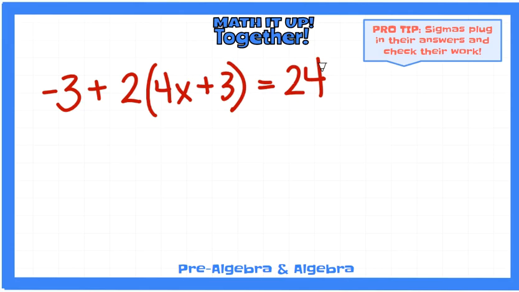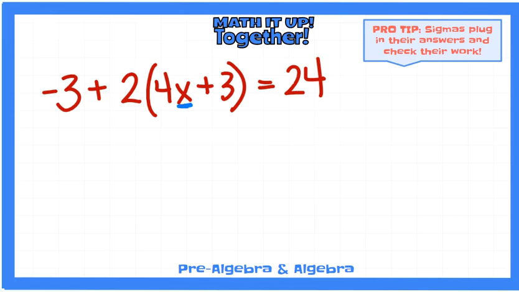All right, so you can see there's an x here. We're going to get x equal to something, and x needs to be on one side of the equation in a full positive form, isolated on one side of the equation, so we have to work to that end.